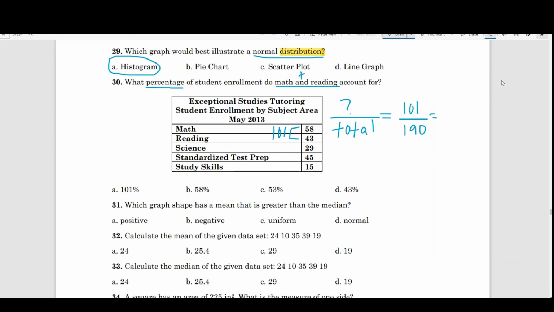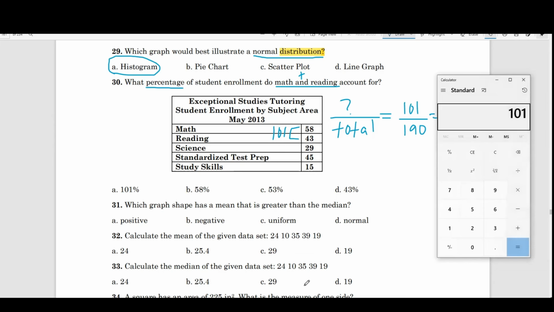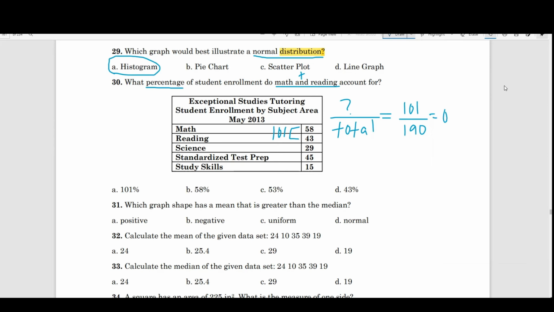First, we convert to a decimal. So we say 101 divided by 190, which gives us 0.531. And then we want to convert that to a percent. So we go 2 places to the right, giving 53.1%, which would be C.